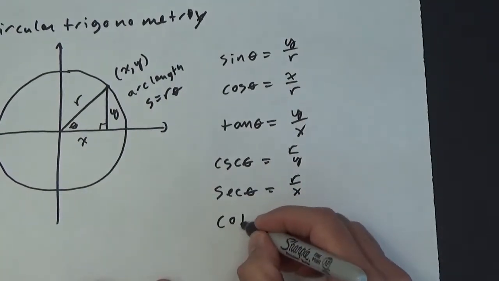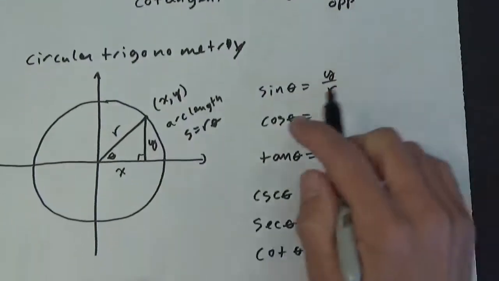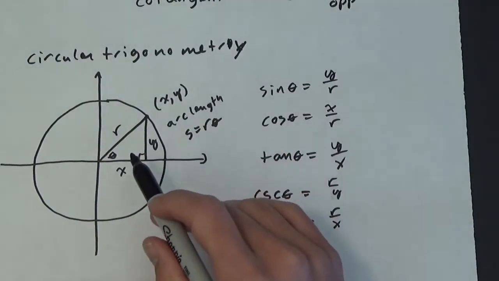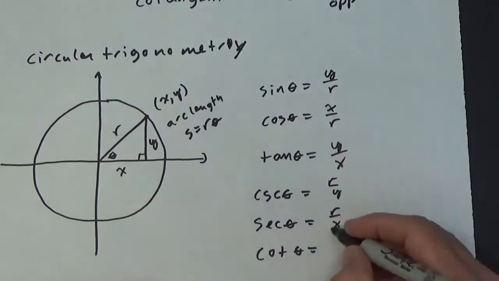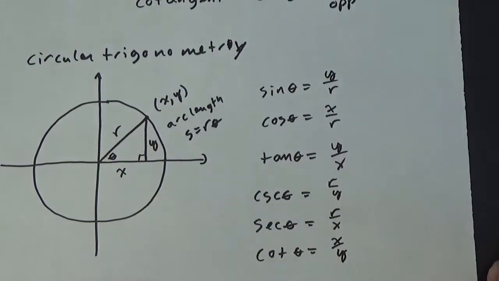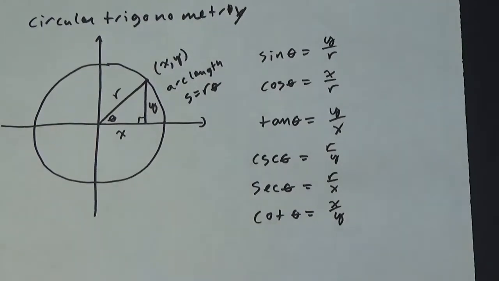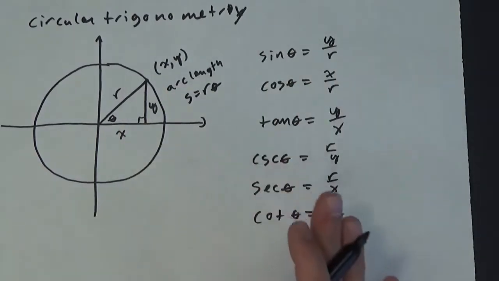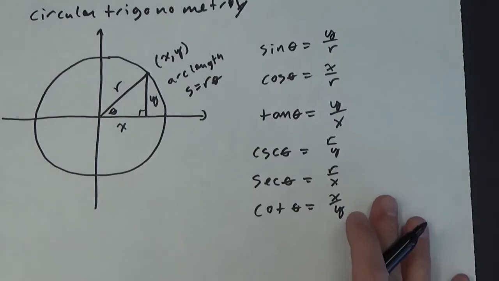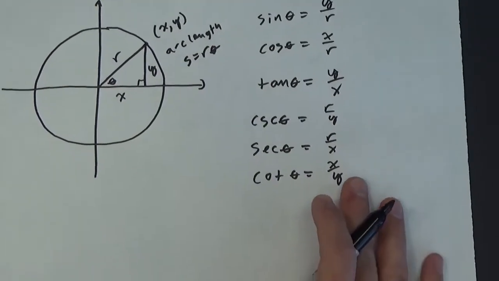And then the cotangent. The cotangent was adjacent over the opposite, so the adjacent is x, the opposite is y, so it's x over y. Good. All right, there's one other part that we're going to then put in here, and that has to do with the Pythagorean identity.